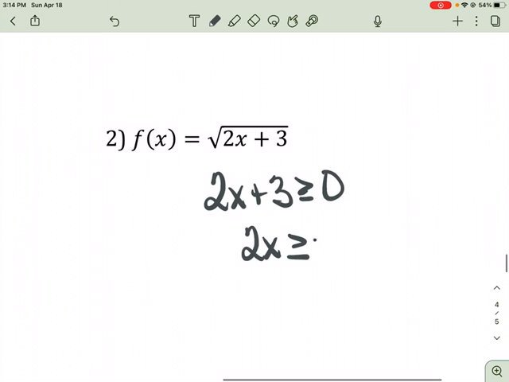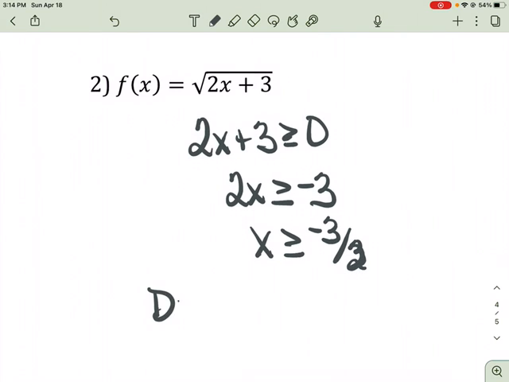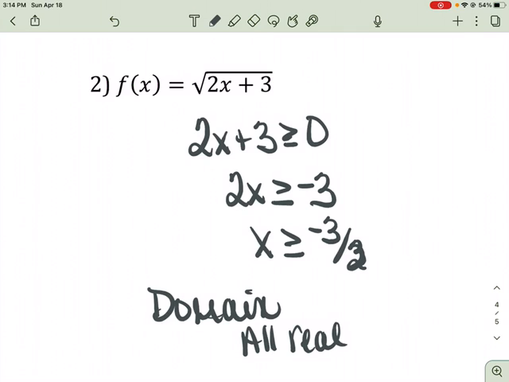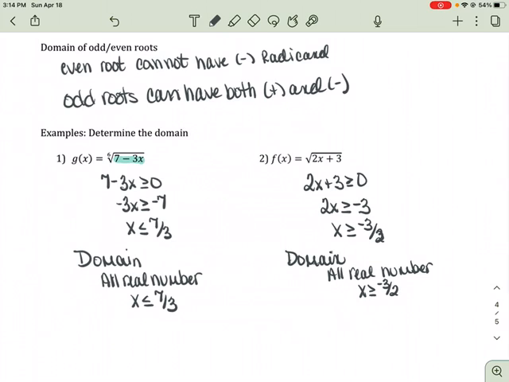So let's subtract the 3, divide by 2, so we get negative 3/2. So that's going to be our domain. It's not going to be all real numbers. X has to be greater than or equal to negative 3/2.